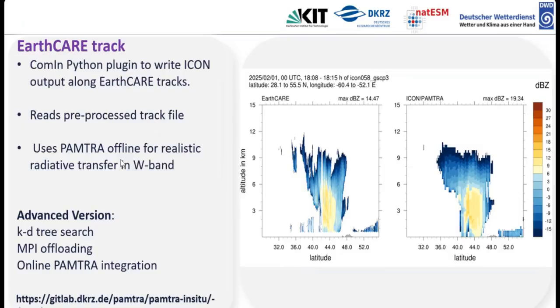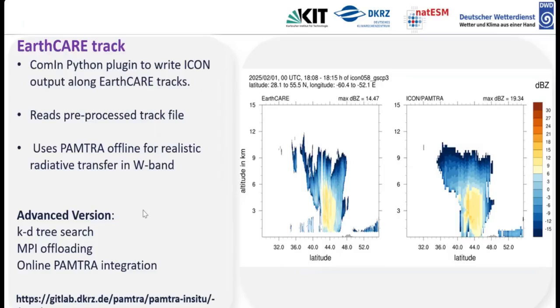In this case, this output is fed into PAMTRA, a radiative transfer model, to simulate what the EarthCARE satellite would actually see from the simulated fields. So now we have an apples-to-apples comparison between what EarthCARE observes and what we got from our simulation. For example, in this case, it's reflectivity.